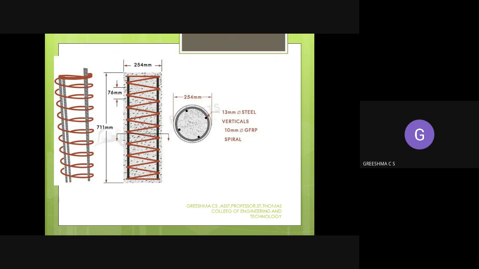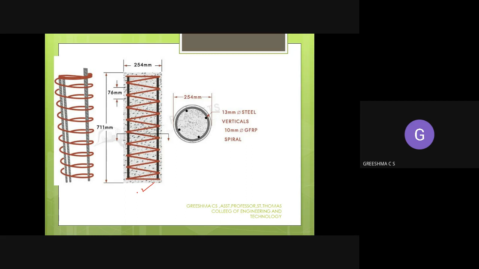The lateral reinforcement will be provided by winding around like this. If you take a cross sectional view, it will be like this. You can see the plain cross sectional front view. So you should understand these things first before going to decide.